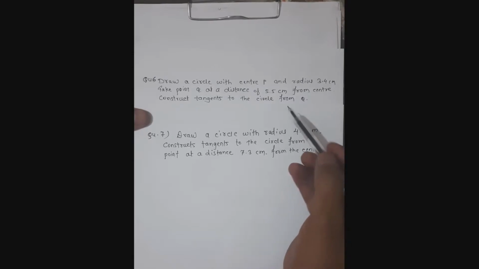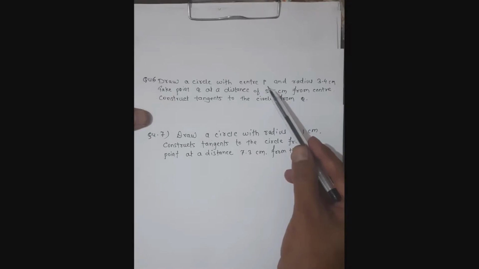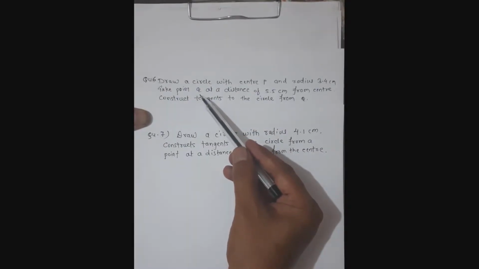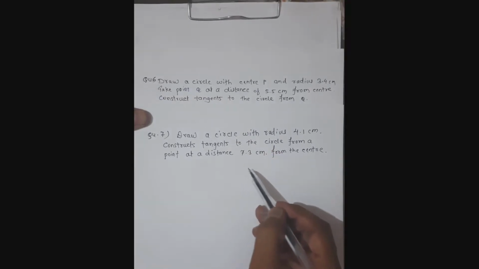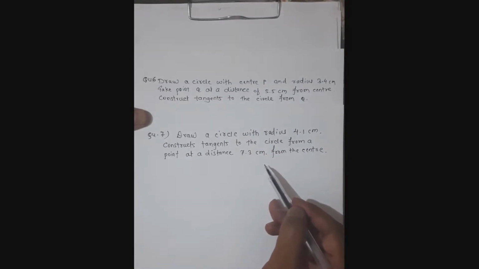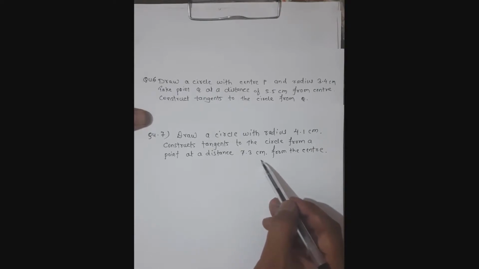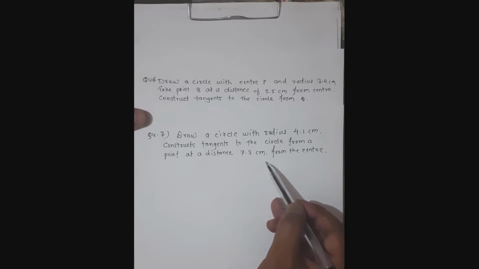That means in the first question the center name is provided, and the point outside the circle, point Q, is given. So here we have to take the center, then we have to take any point which is at distance 7.3 centimeter, and from that point we have to draw tangents to the circle.